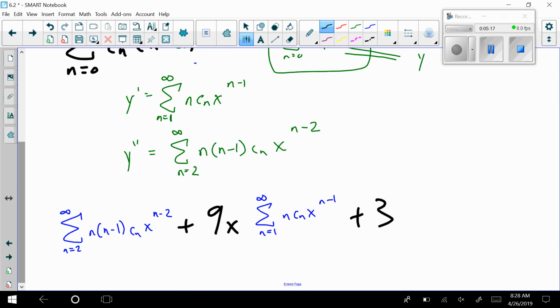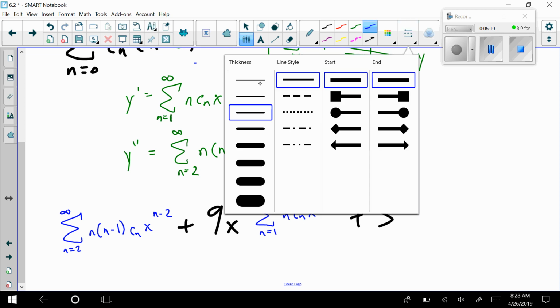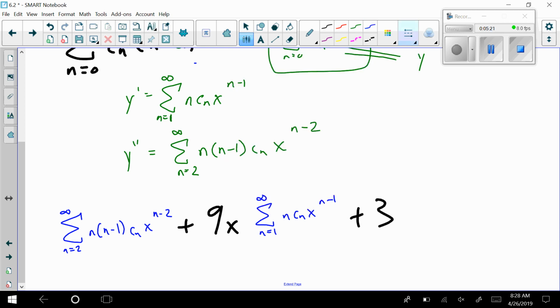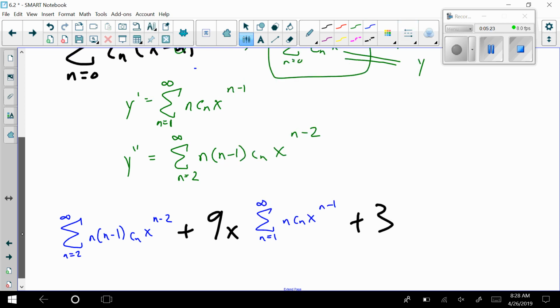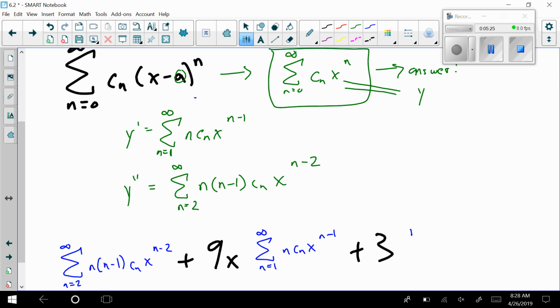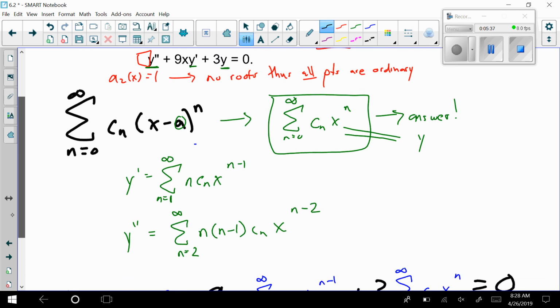No, a y. So then a y, which means I need the original, right? And the original one was the summation from 0 to infinity of c sub n x to the n. And then this equaled 0.